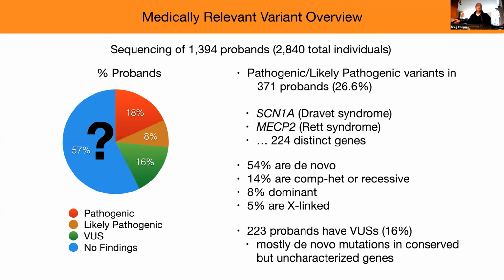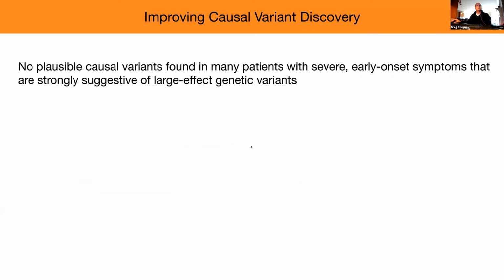But today I really want to talk about the fact that despite the fact that we keep getting better at this, we're still failing more often than we succeed, right? For the majority of the children, we cannot find any variant, even an uncertain one that could be relevant. So there are no plausible causal variants found in many of these kids. In fact, the majority.